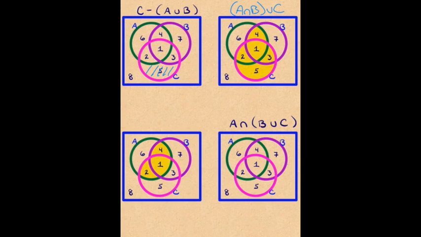In the bottom left, maybe you could represent it as A and B, which is this intersection, unioned with A and C, which would be this intersection.